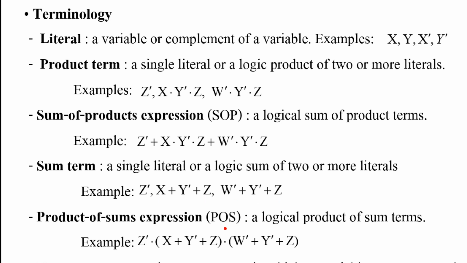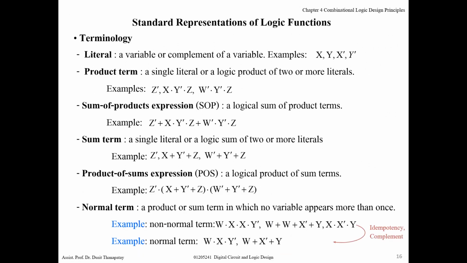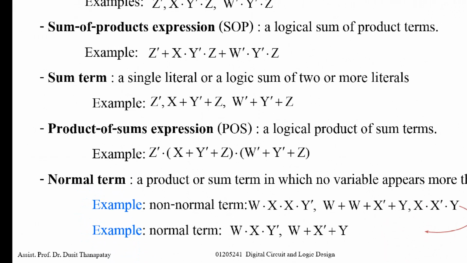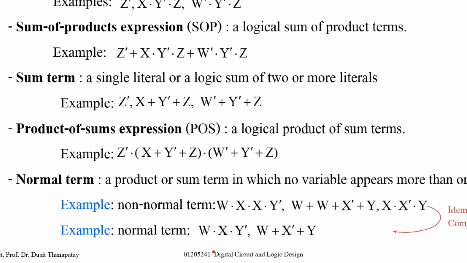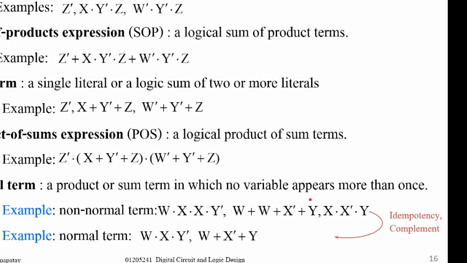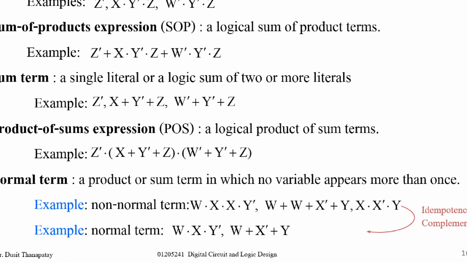If you bring many sum terms together by and, we get a product of sums. And a normal term is a product term or sum term with no variable appearing more than once.